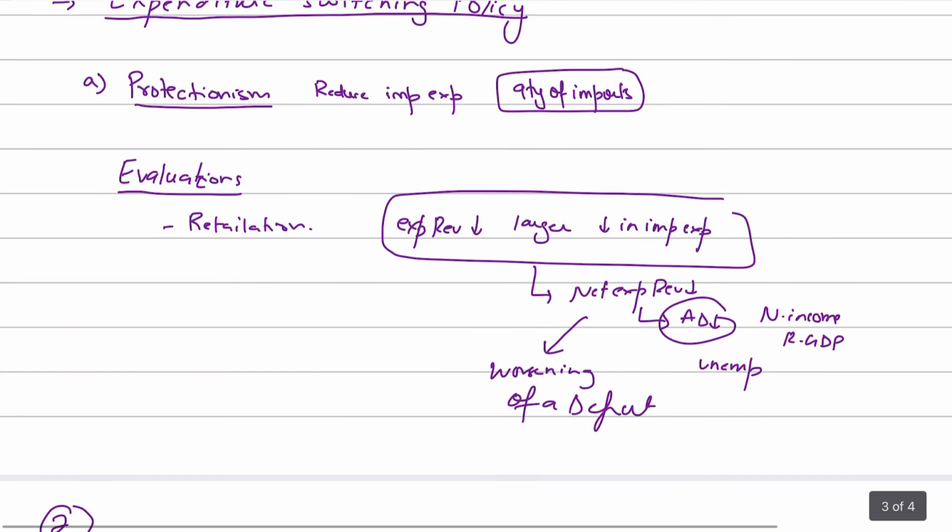Now, if you're answering a question on policies, it entirely depends on you whether you want to make a tariff diagram or not, because the question is not directly asking you on protectionism or international trade. If the question was directly asking you on protectionism or international trade, then you would have to make the tariff diagram. But now, it's up to you. If you want to make it, you make it. If you don't want to make it, you don't.